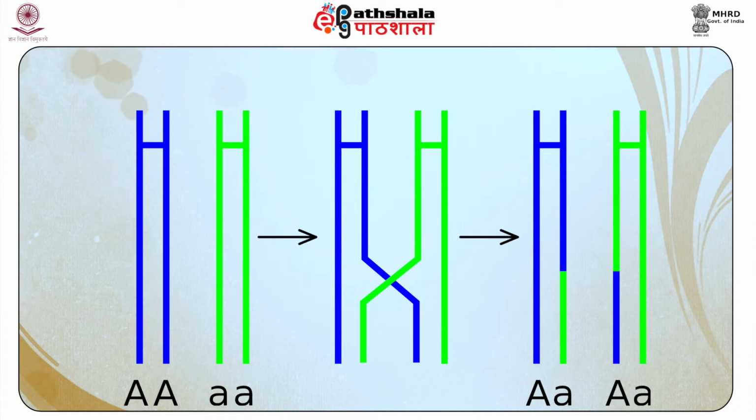This is a direct result of reduced recombination between two genes that are located close to each other on the same chromosome. Also, by looking at the gametes that are most abundant, you will be able to determine if the original cross was a coupling or repulsion phase cross.